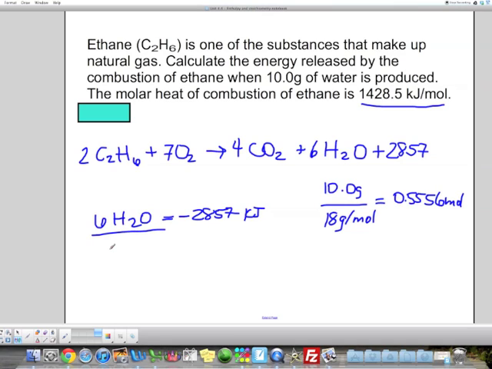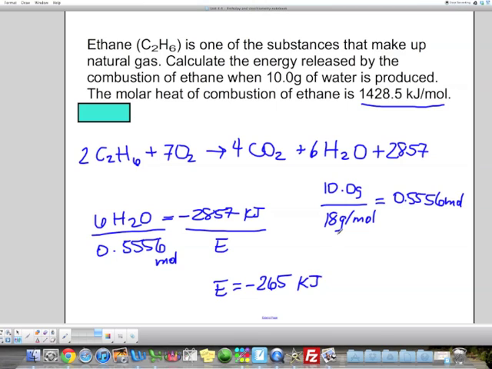I calculated that there's only 0.5556 mole produced. And I want to know, in this case, how much energy would be released. Well, the answer in this particular case is E for energy is equal to minus 265 kilojoules.